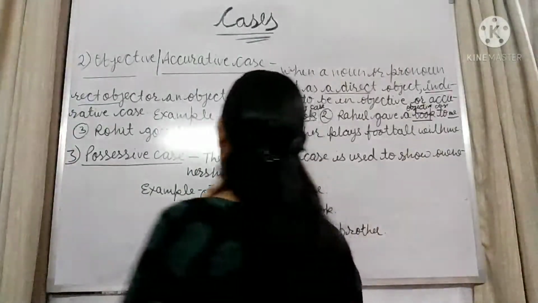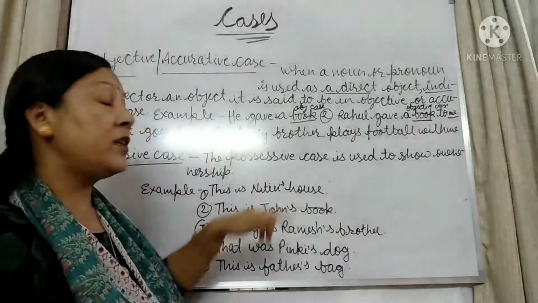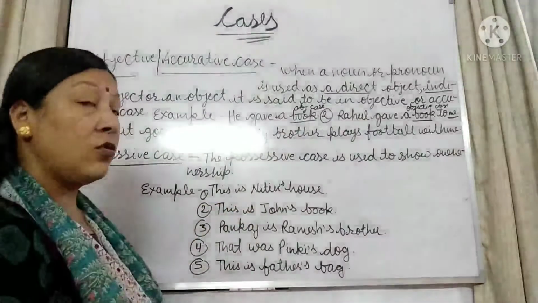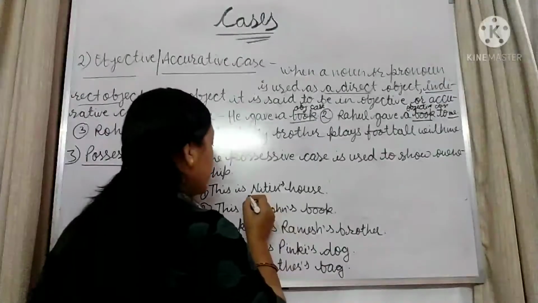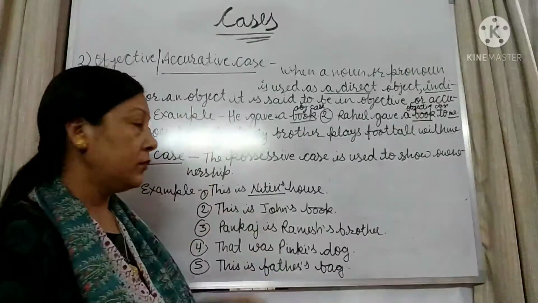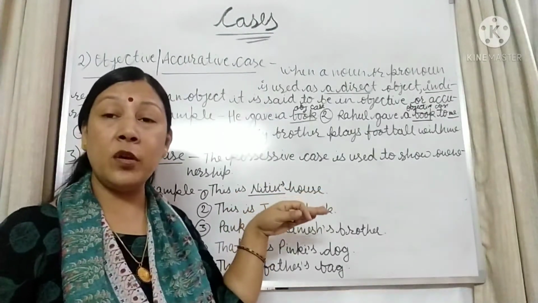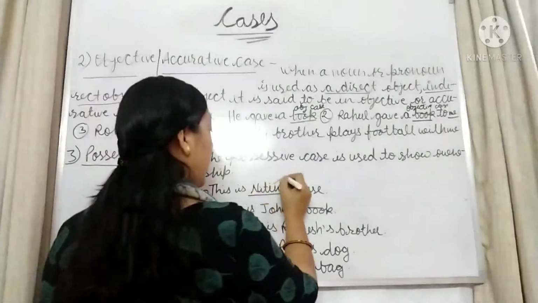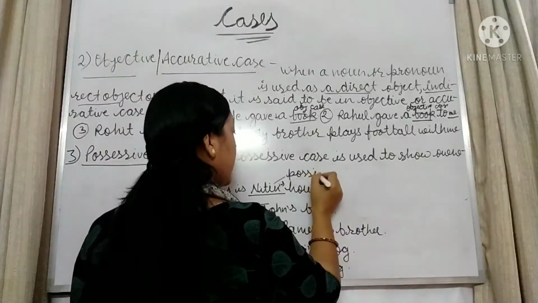Here are some examples written on the board. This is Nitin's house. In the sentence, which word is showing you ownership, possession? Nitin's. This word is showing you ownership, possession. So Nitin's is what? Possessive case.